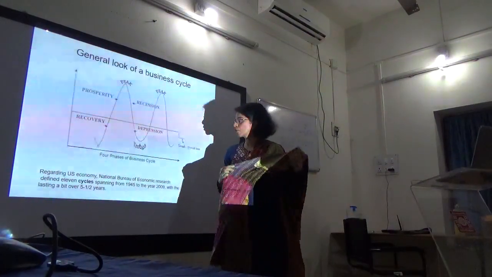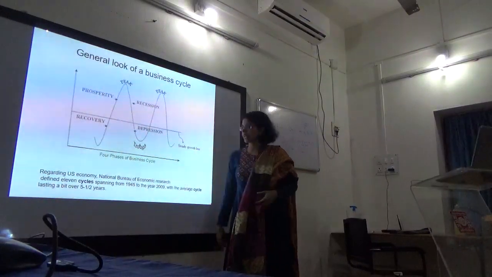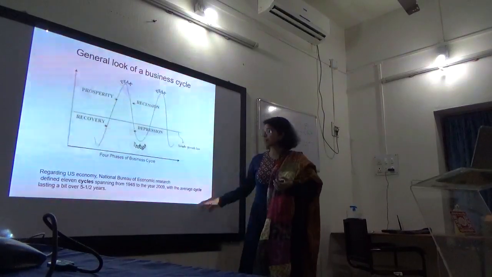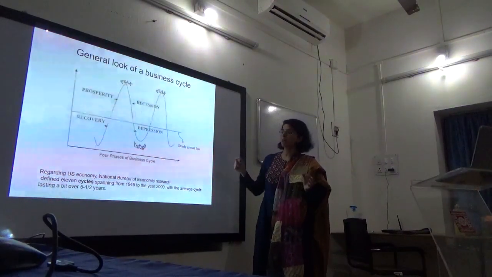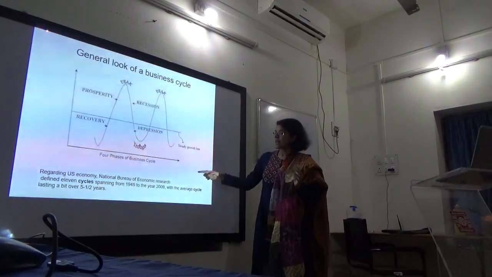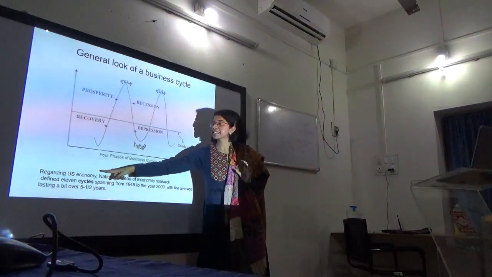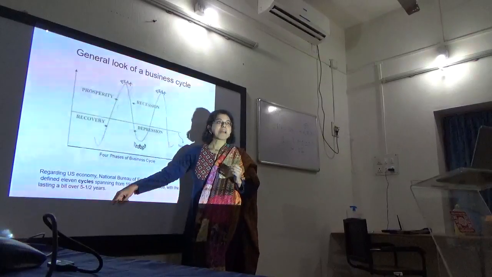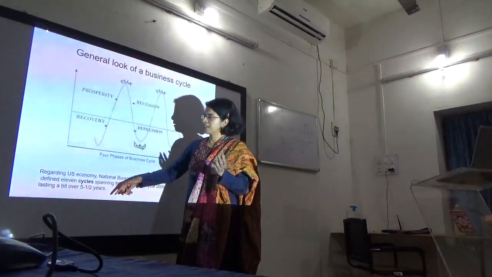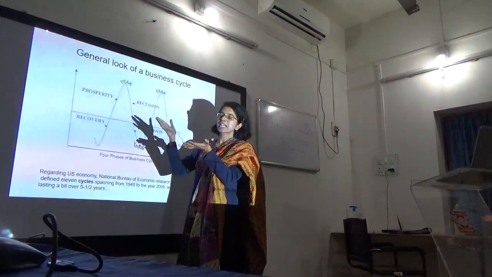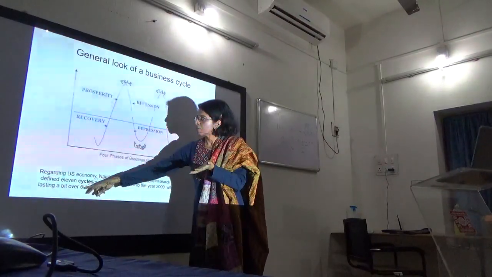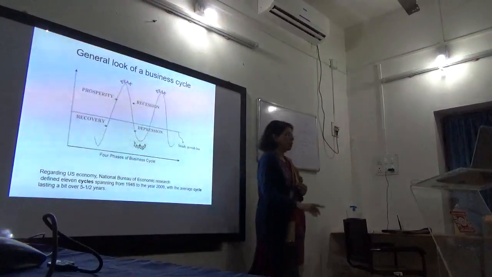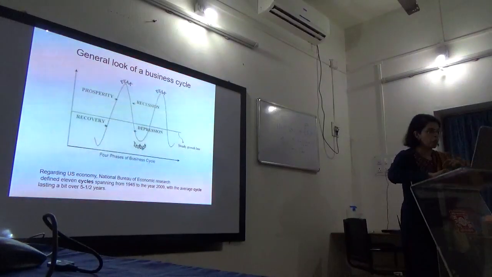Also, I have borrowed this idea from the US Economic Times, that from 1945 to 2009, the US economy experienced more or less 11 business cycles, each spanning between 5 and 6 years, not exactly 5, a little over 5 years and a bit less than 6 years. This is one example.